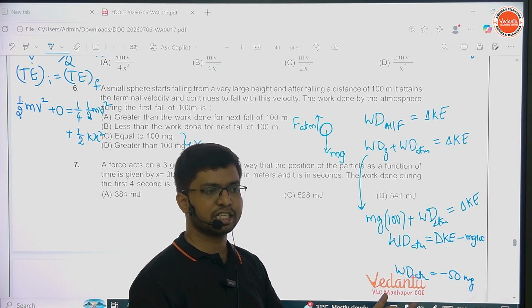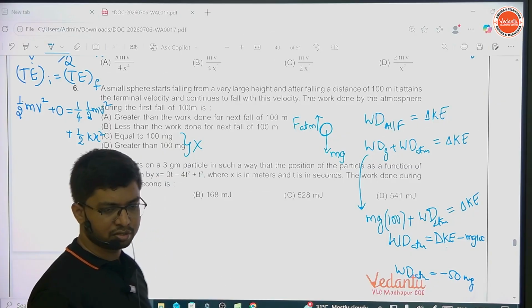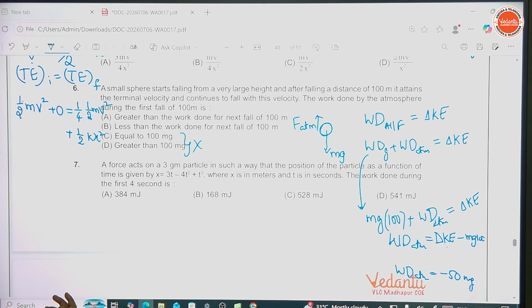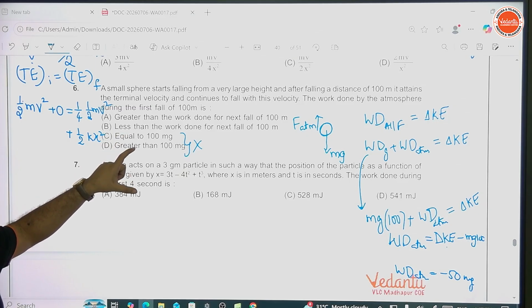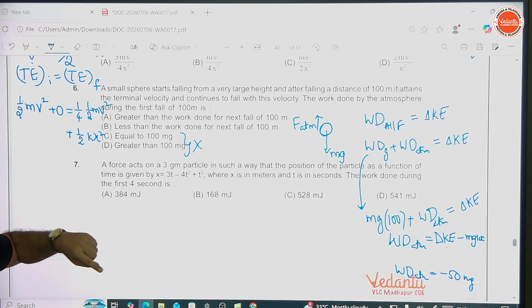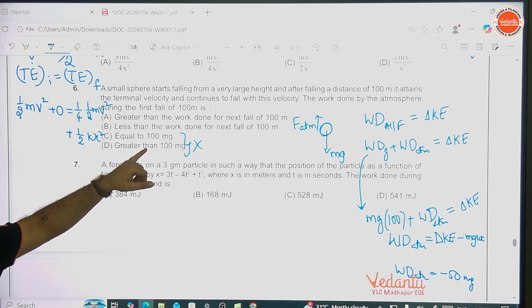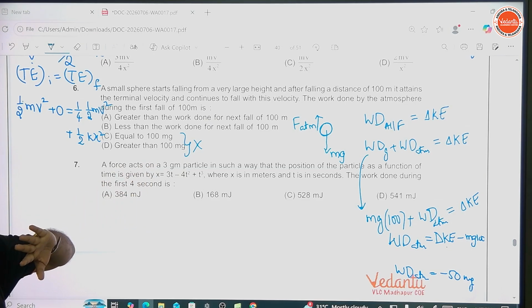Minus 100 mg. Understood now? So now tell me whether A is correct or B is correct over here. Work done by atmosphere during the first 100 meters is less than work done for the next 100 meters.